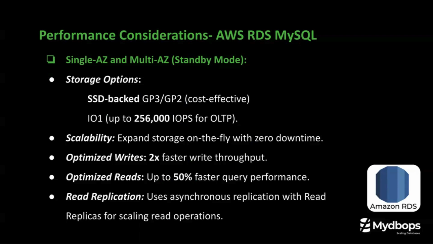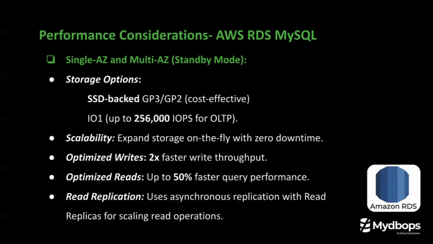So AWS has also worked on performance optimizations. Compared to a standard MySQL setup, RDS delivers twice the write throughput and up to 50% faster read performance, which helps applications run more efficiently. For read-only or read-heavy workloads, RDS offers asynchronous replication with read replicas, so queries can be distributed across multiple instances.